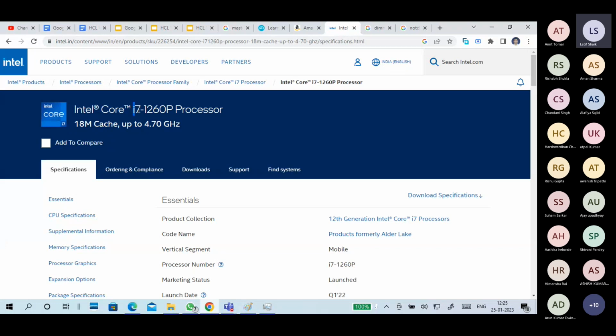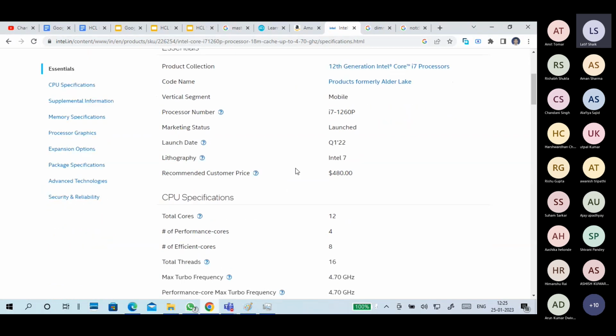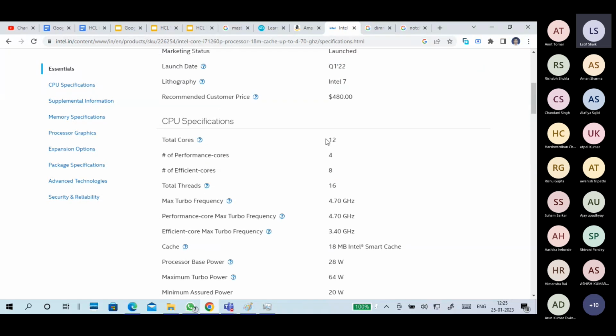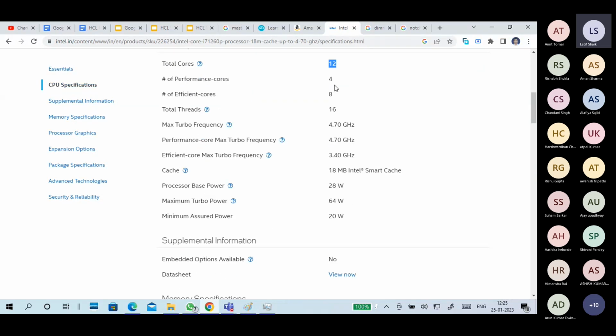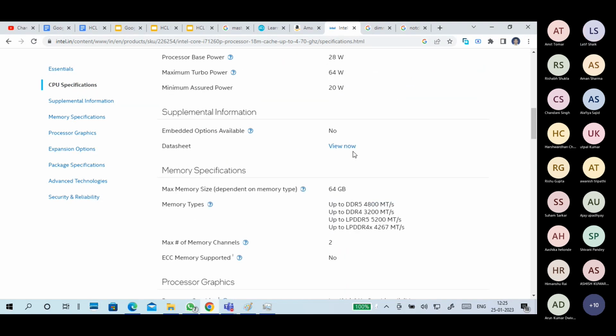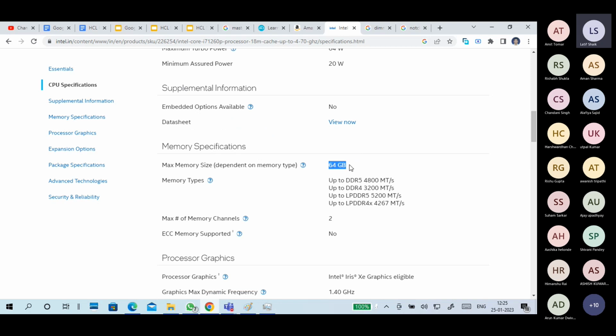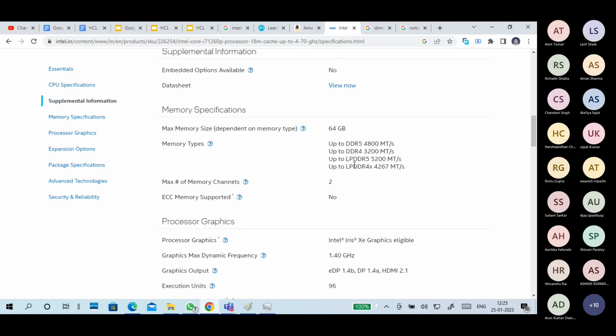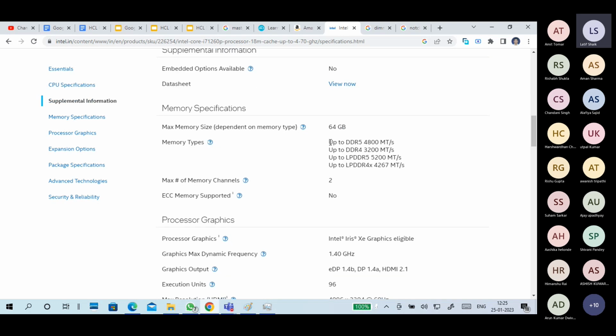Go to the processor specifications. The processor has 4 total cores, 8 performance cores, and 16 threads. It supports up to 64 GB. Already 16 GB is there, and it supports up to 64 GB, so you can upgrade. The second thing is what type of RAM it will support.